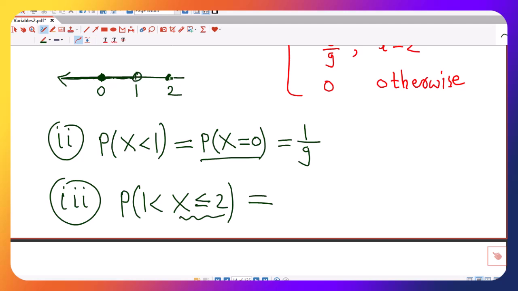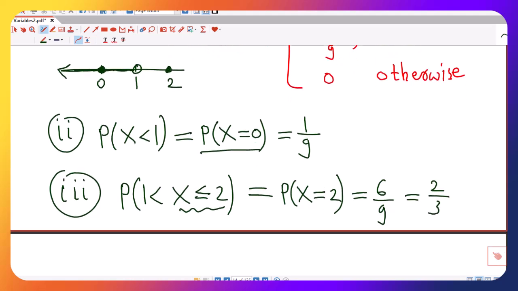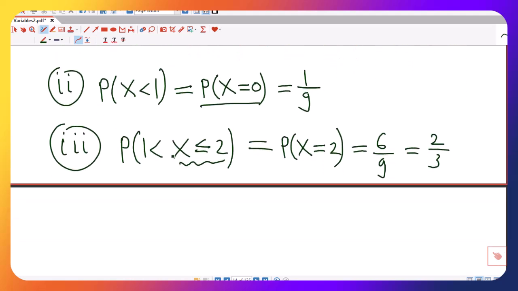So between 1 and 2, excluding 1, we have only one point at which the probability is non-zero, and we have obtained the probability at x equal to 2. It is 6 by 9, or we can write it as 2 by 3. So the answer to the probability that 1 less than x less than or equal to 2 is 2 by 3.